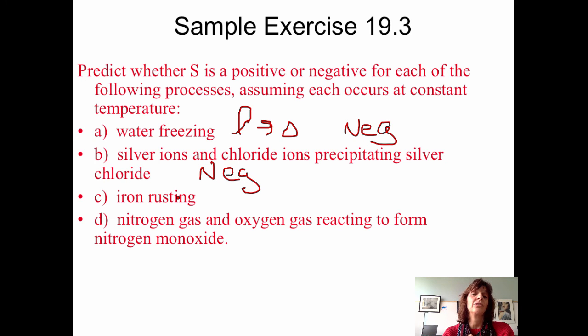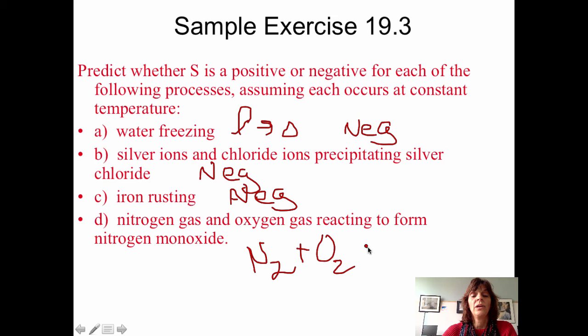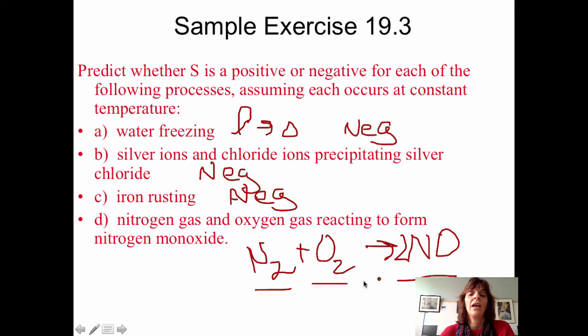Because you've got a gas that's becoming part of a solid, that is also going to be negative. And nitrogen gas and oxygen gas, N2 plus O2 to yield NO. You've got 2 molecules changing to 2 molecules. There is no measurable change of entropy in that system.